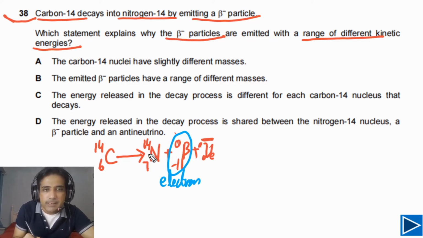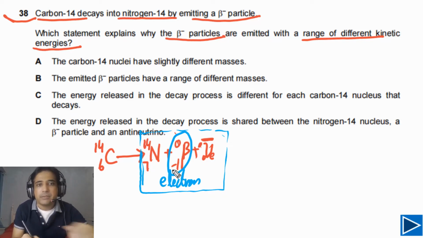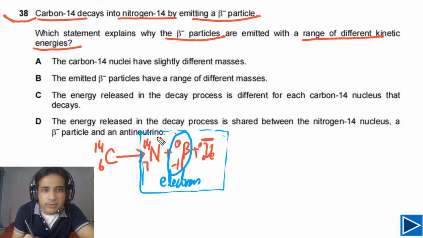So in this case, the energy released in this reaction will be shared between these three particles. The least amount of energy will be taken by nitrogen because this is a very heavy nucleus, so its speed will be very slow, and the rest of the energy will be taken by these two particles.